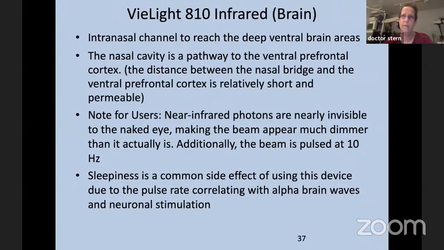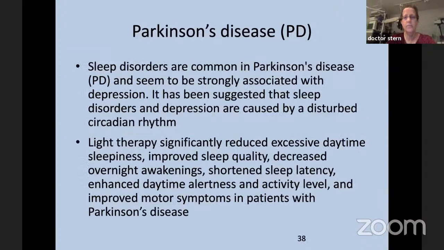So they have to put maybe a little bit of red there so you can see it, but it's not going to look very intense. And the biggest thing was that some people became sleepy because it correlates with alpha brainwave activity. So in Parkinson's disease, sleep disorders are common, and light therapy reduced that excessive daytime sleepiness.